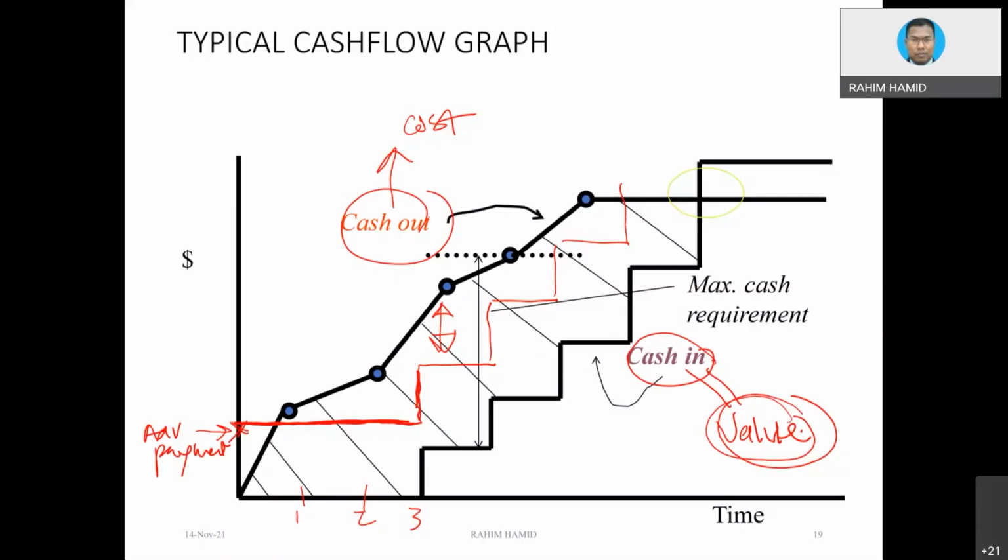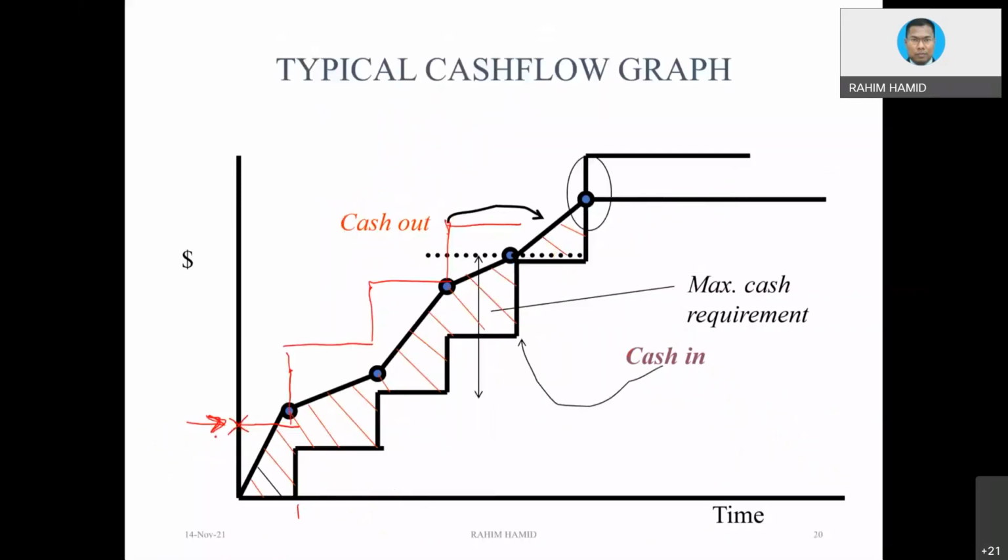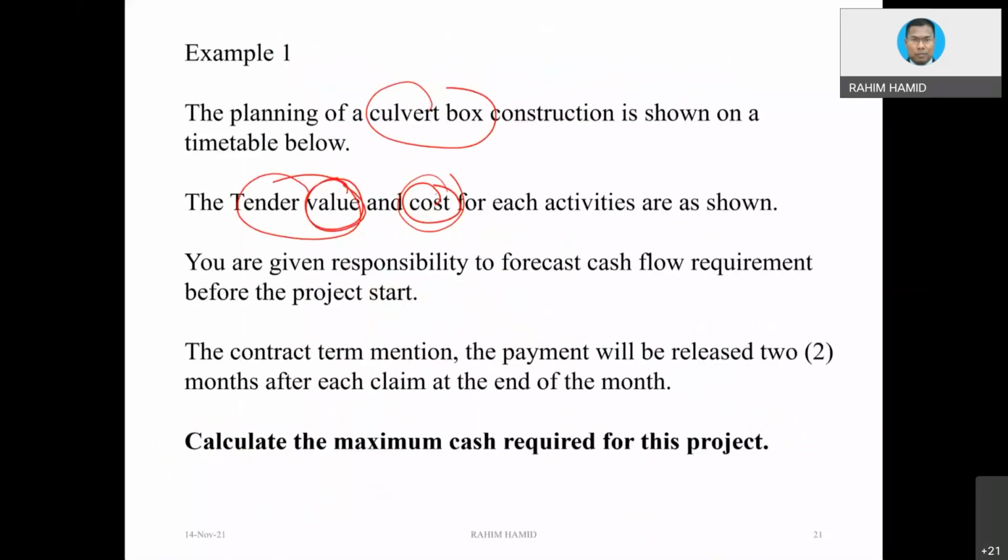But in general, we can equate the cash out to cost. So that is why we need the cost data, and for cash in we need the value data. Both value and cost should be given, or somehow they are given in an incomplete manner, but you basically need to understand this simple equation: value is equivalent to cost plus profit.